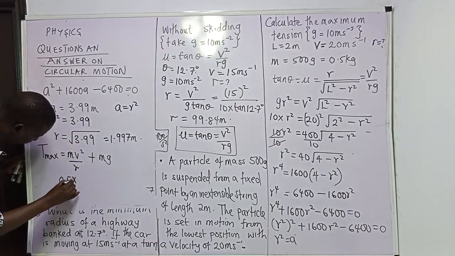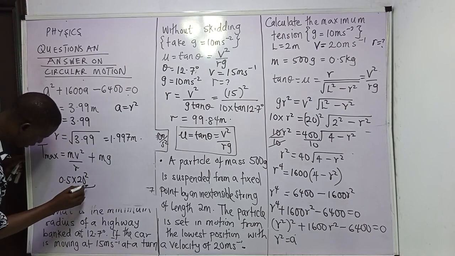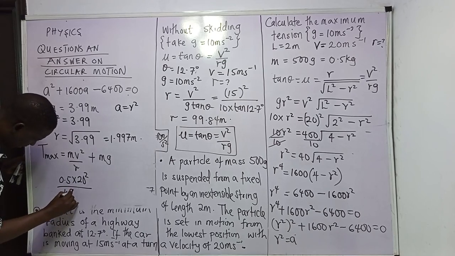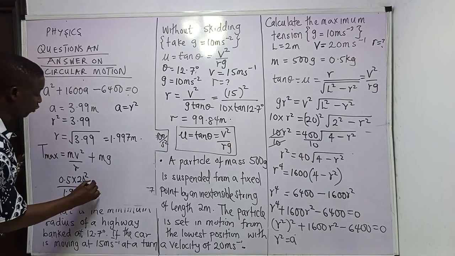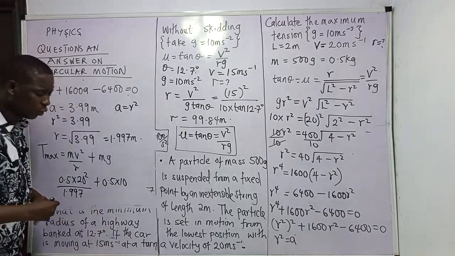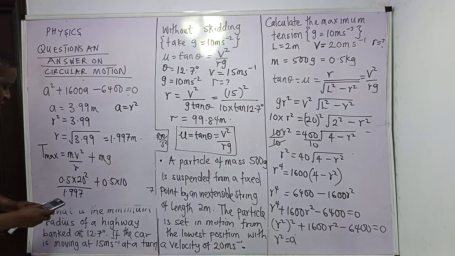We have 0.5 times our velocity, 20 squared, all divided by the radius, 1.997. That's why if you fail your radius, you have actually failed the question. Times 10. So we have 0.5 times 20 squared divided by 1.997, then plus 5.